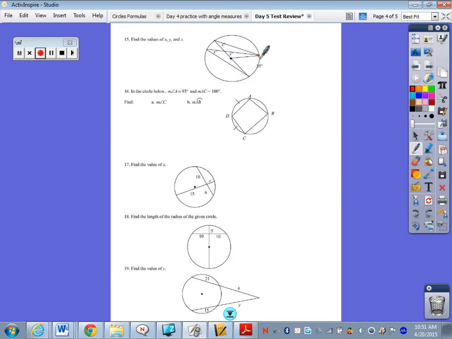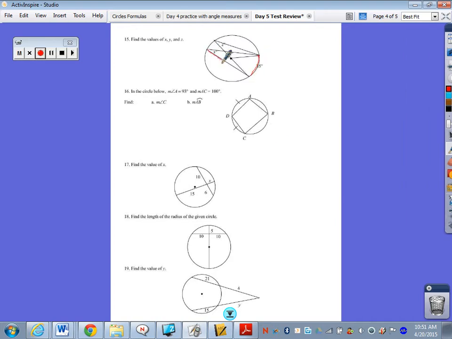So start with the arc, and if you trace the angle that opens up to it, y opens up to the arc, so 2 times y is equal to 35, so y is 17.5. Now z is the same thing, 17.5, because it also opens up to 35.